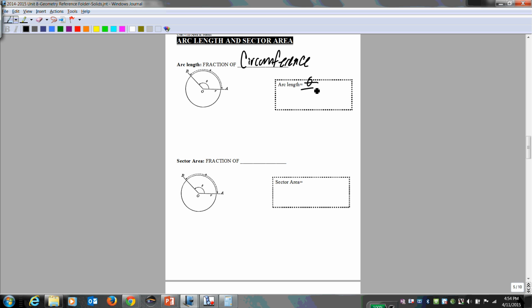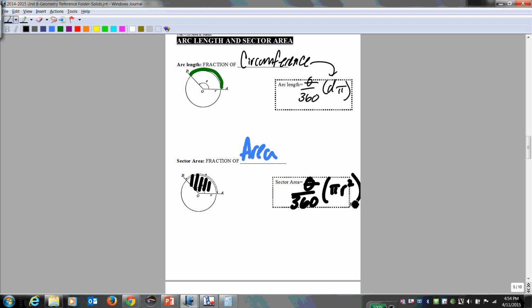So that's theta over 360, and circumference is d pi. That's to find the length of an arc. And sector area is a fraction of area. So that would be theta over 360 times pi r squared, because that's a fraction of area.